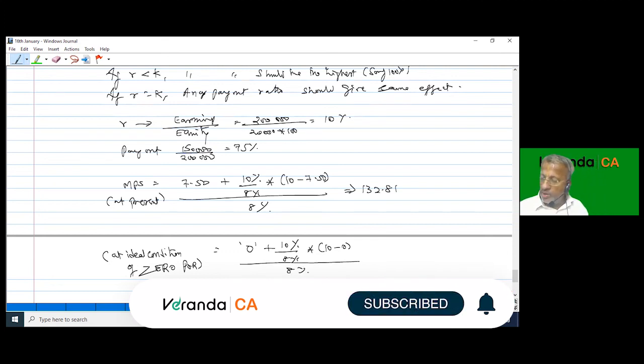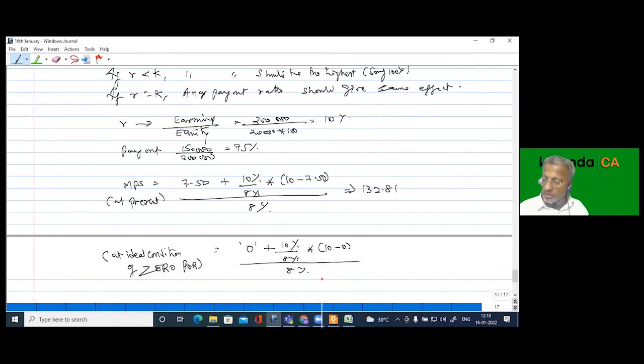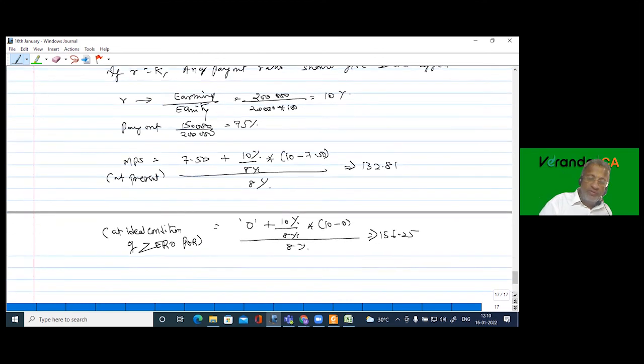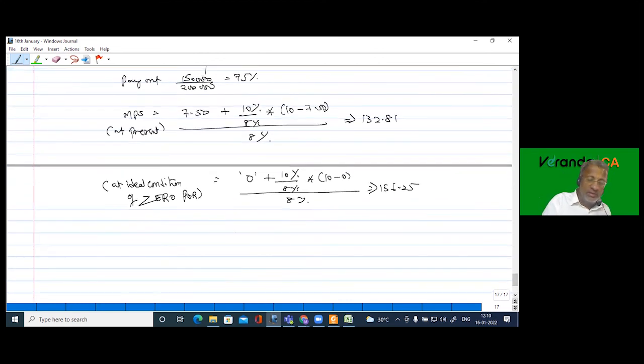That is 0.1 divided by 0.08 into 10, the whole divided by 0.08. That gives you a number of 156.25. So getting 156.25 is better or getting 132.81 is better? Getting 156.25 is better.